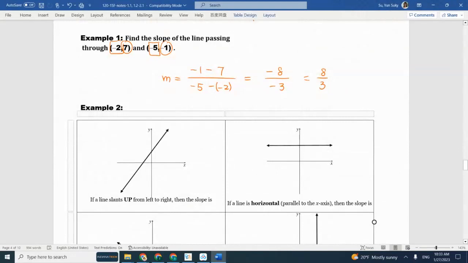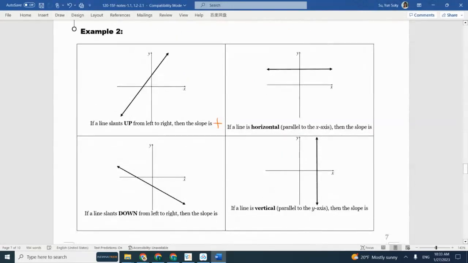And now, if a line slants up from the left to the right, then the slope is: positive, negative, 0? Which one? If going up, positive, yes, the slope is positive. And then look at this picture.